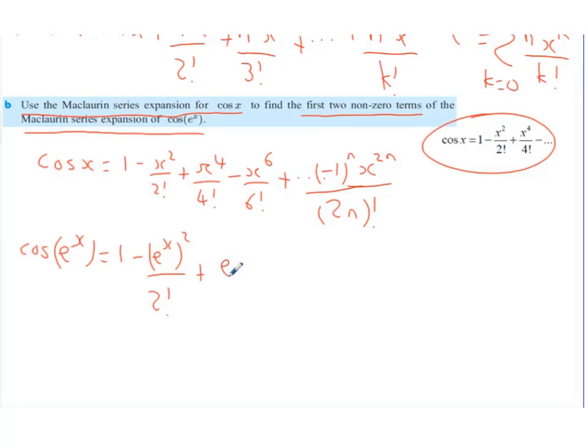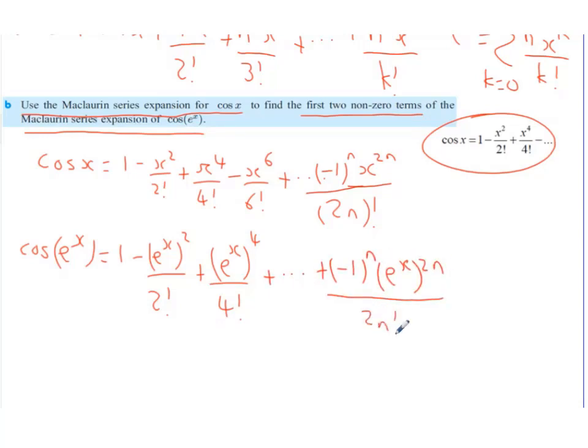That would be e to the x to the 4 over 4 factorial. Going to skip the 6. I'm just going to say plus dot dot dot plus minus 1 to the n, and then e to the x to the 2n over 2n factorial.